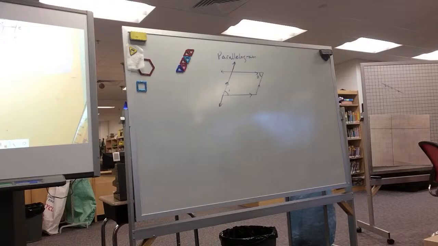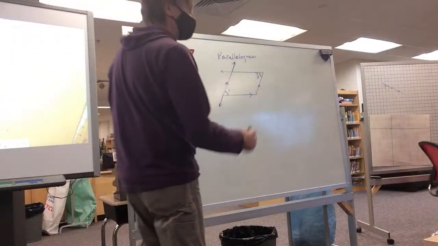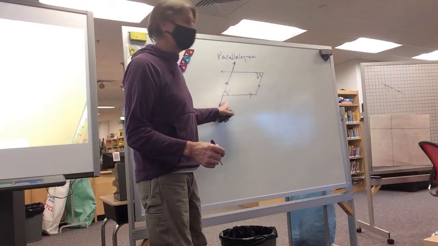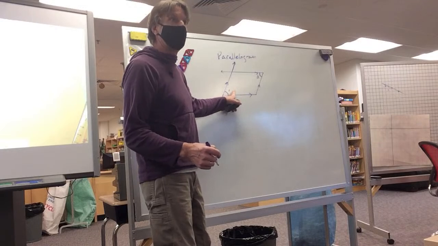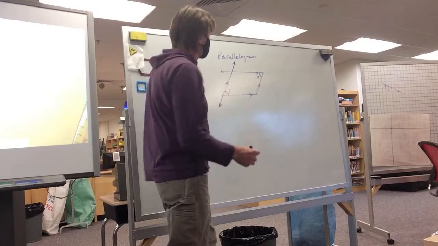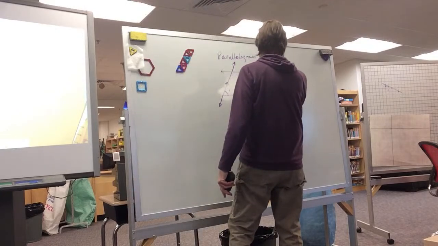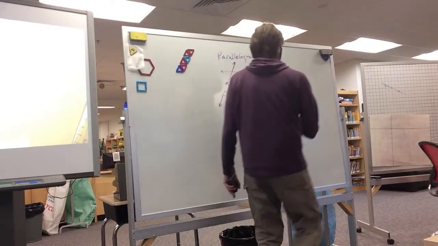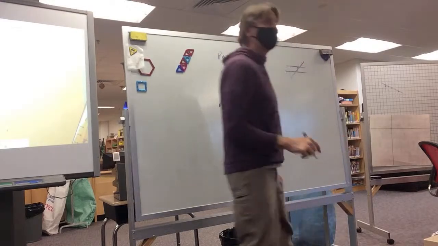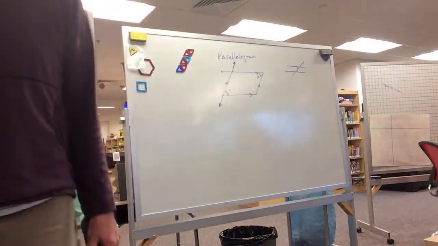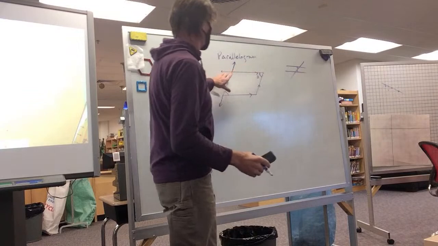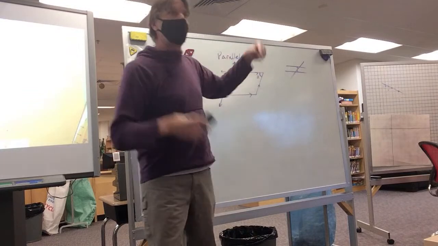Isn't it like alternate interior angles or something? Could we do alternate interior on this end? Where's the alternate interior to angle number 1? 2. Way over there. Oh, I don't think so. Because if they're alternate interior, it'd be like this. You have one transversal, so we have to kind of ignore this end. We've got to do some work here, and then work our way over.